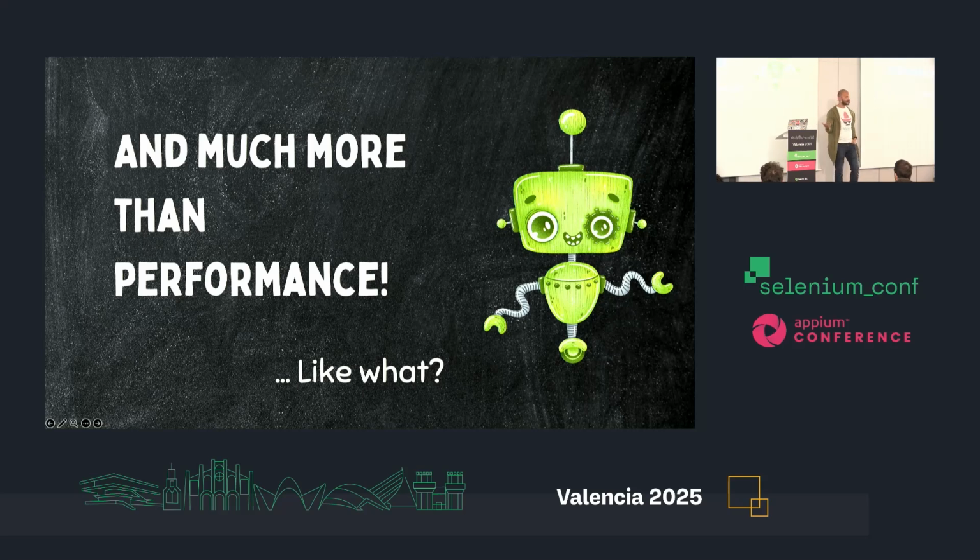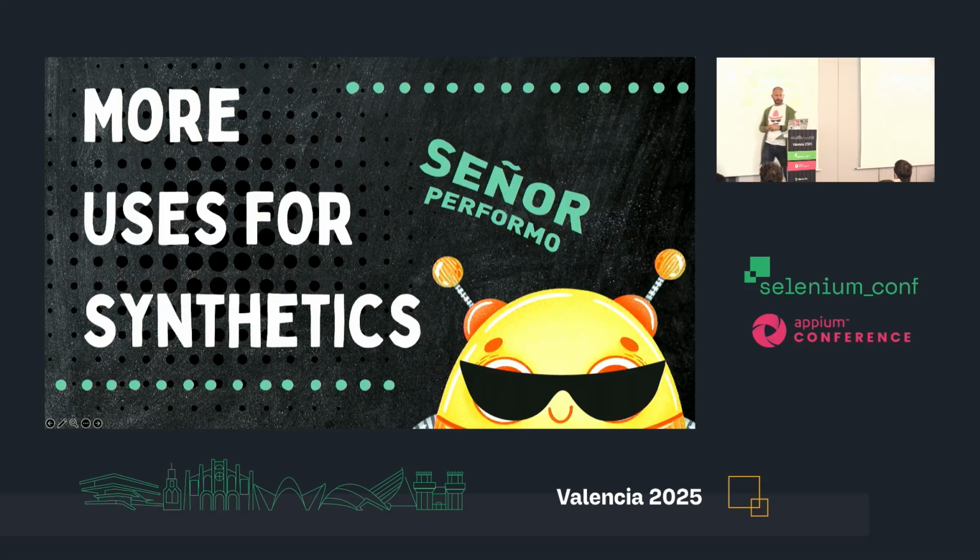It's part of another big practice that I'm going to mention in a few slides. But it's more than that. It has so many more uses for synthetics. They can help us in many functionalities of our applications and components, and as we read earlier, even hardware, not only software, even infrastructure.